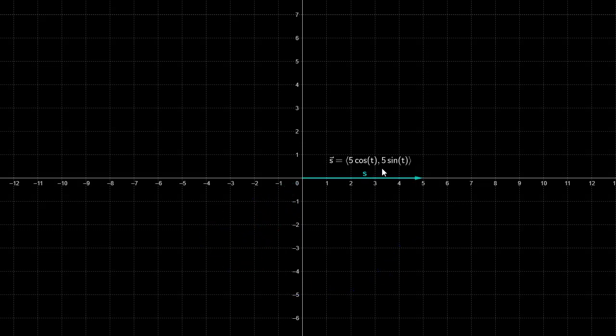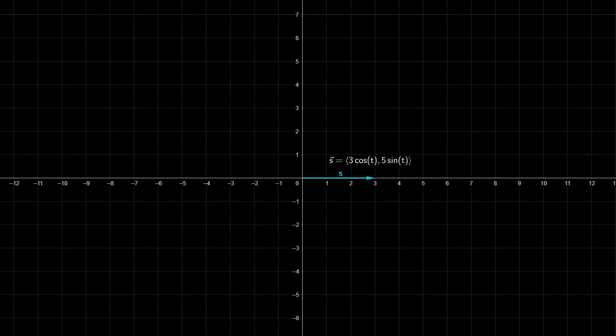All right, let's step back to the normal positive t's, and let's see what happens if I actually change one of these values. Instead of 5 cosine t, let's make that 3 cosine t. There's 3 cosine t, comma 5 sine t, and you already notice that the vector doesn't start over here at 5, 0. It starts here at 3, 0.